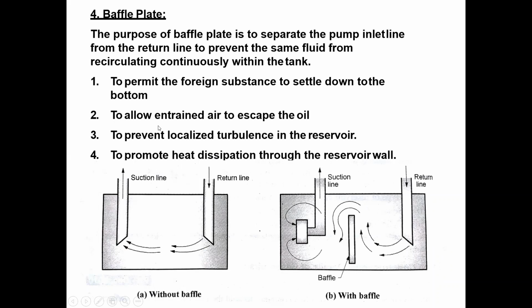So to eliminate this heating of the system, we are going to place a baffle plate here, so that the oil coming from the return line should take maximum time or travel maximum distance.